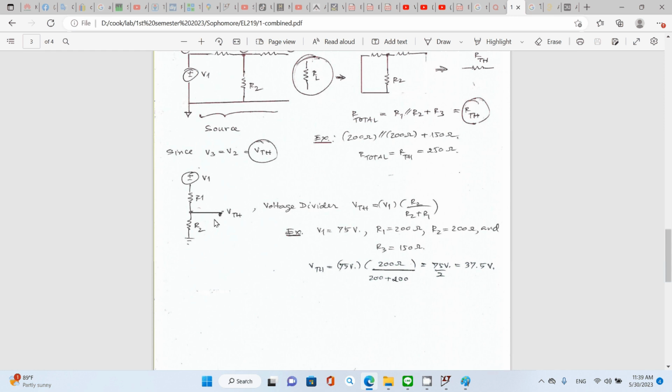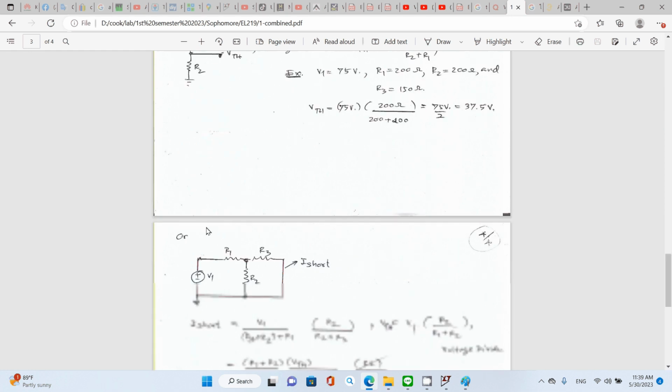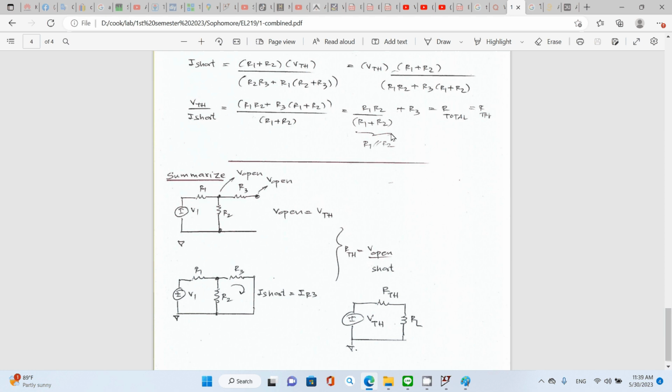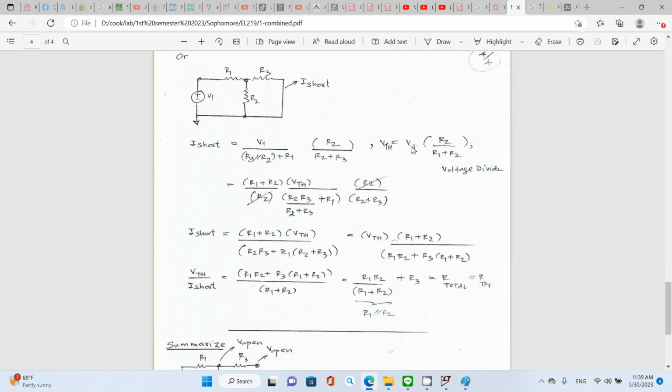That's the voltage divider. VTH equals V1 multiplied by R2 divided by R1 plus R2. And then you can write V1 in terms of VTH, simply equal to VTH multiplied by R1 plus R2 divided by R2. So you just plug in.